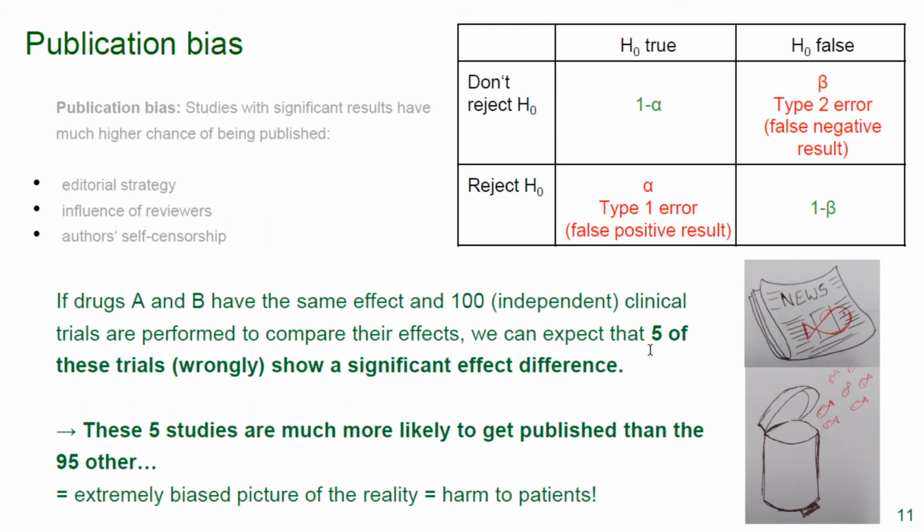We have seen that we can expect that 5 of these 100 trials will wrongly show a significant effect difference. The problem with publication bias is that these 5 studies that are actually false positives are much more likely to get published than the 95 others, which were true negatives, but which were correct. So at the end we have an extremely biased picture of reality, which may ultimately harm patients in some cases.